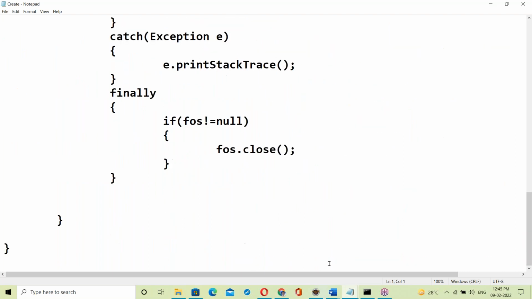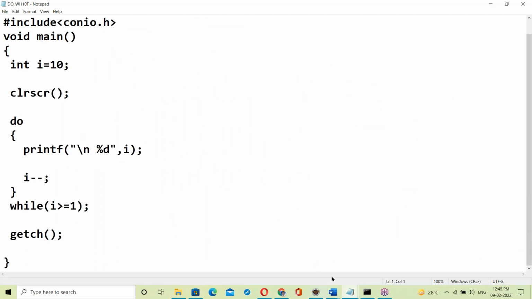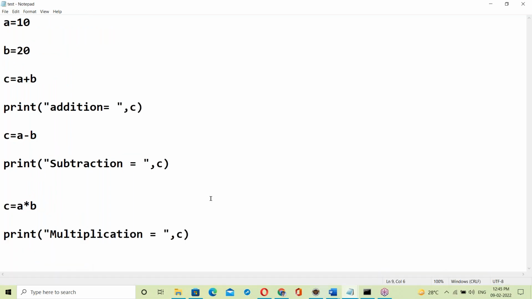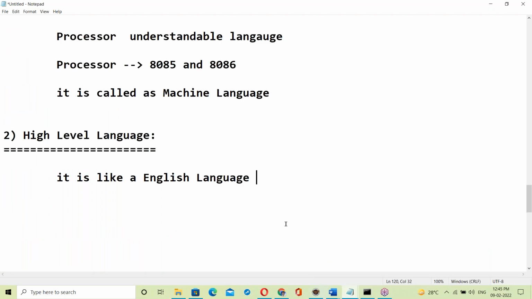This is called a high level language. Suppose this is a C program, it's a high level language. C program, Python scripting, high level language. It is like English, very easy to understand.